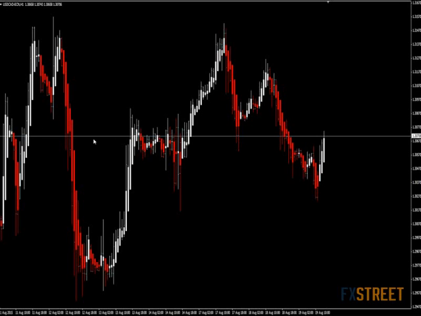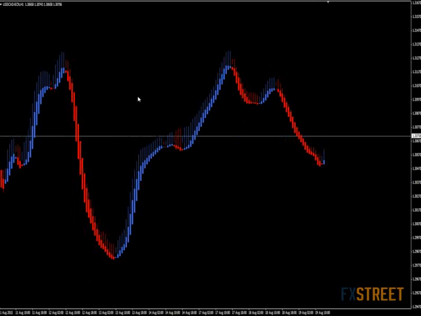This, what you are seeing now at this point, is standard Heiken Ashi, so normal Heiken Ashi. Have in mind, however, that there are also Heiken Ashi smoothed candlesticks, which are this. This is Heiken Ashi smoothed. So as you can see, it's a lot different compared to Heiken Ashi.